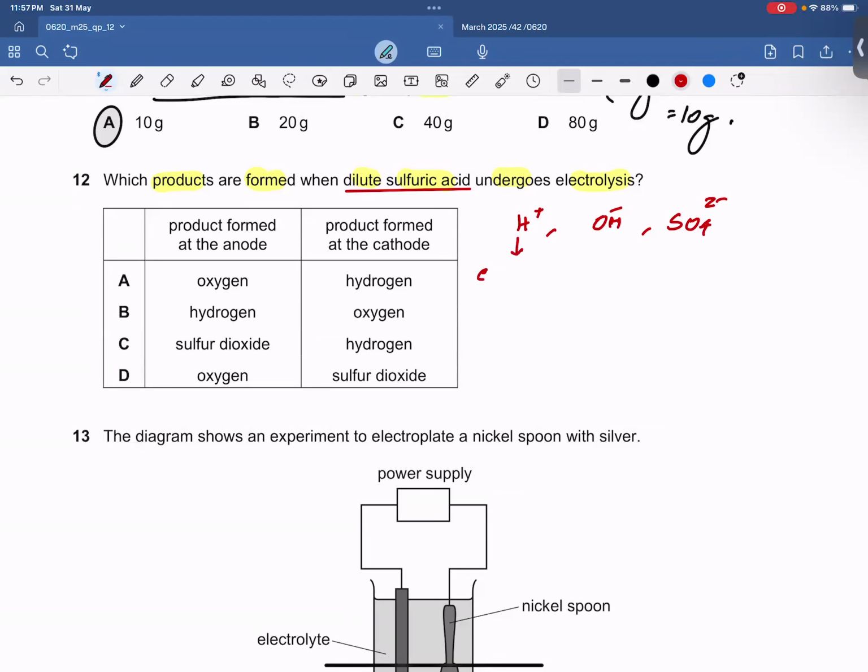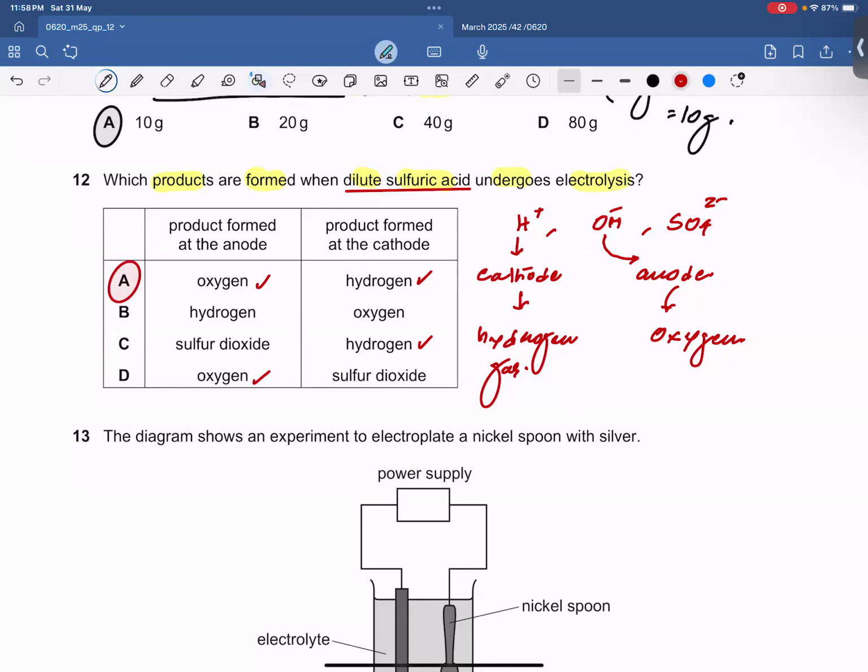Hydrogen ions discharge at the cathode in the form of hydrogen gas, and hydroxide ions discharge at the anode in the form of oxygen gas, which means hydrogen gas is given off at the cathode and oxygen gas is given off at the anode, and therefore A is going to be the right answer.